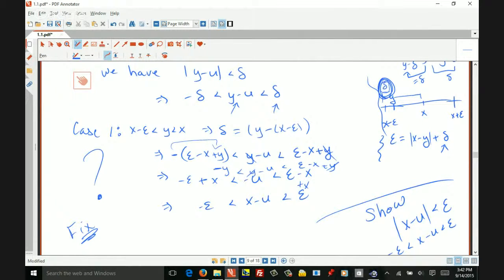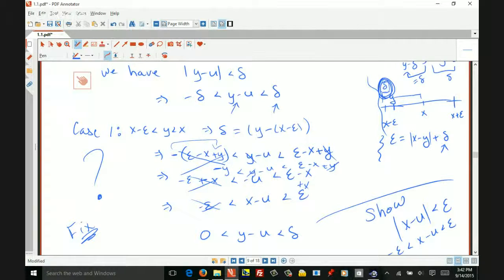I know that y minus u is bigger than 0. So rather than worrying about this side over here, I should just say 0 is less than y minus u was less than delta because of how I chose to write down, I chose u to the left of y.